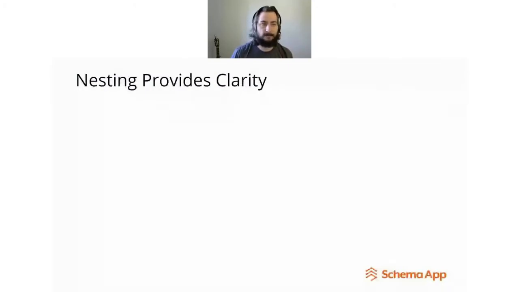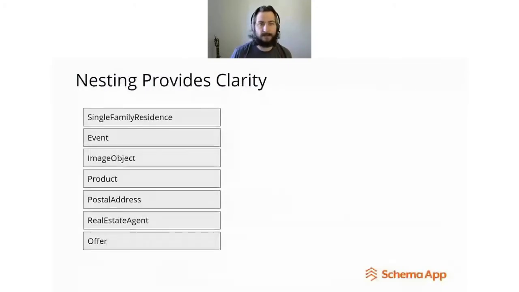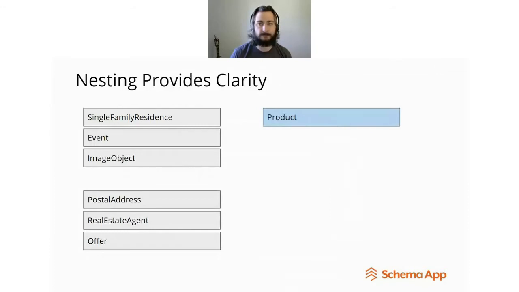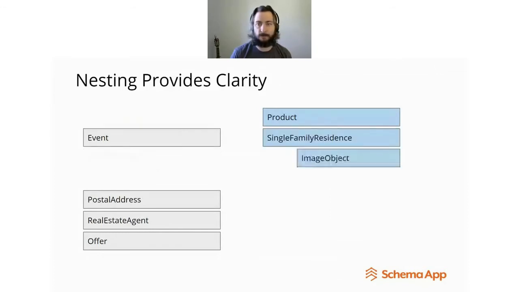And so if we have, let's say, all of these schema types within our page, it's not clear what is the primary entity or what's important. Are we potentially talking about an event, a single family residence? Are we talking about an image? But if we nest them, like so, we can see that this image is relevant for this product and single family residence.